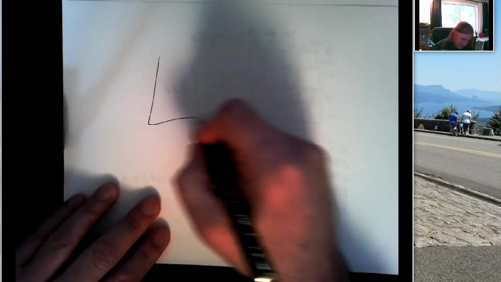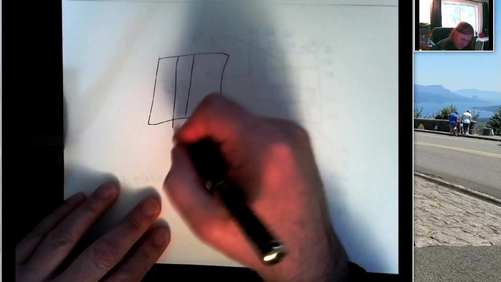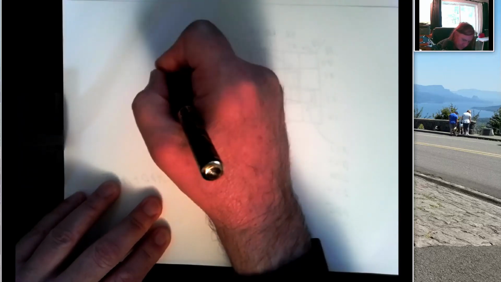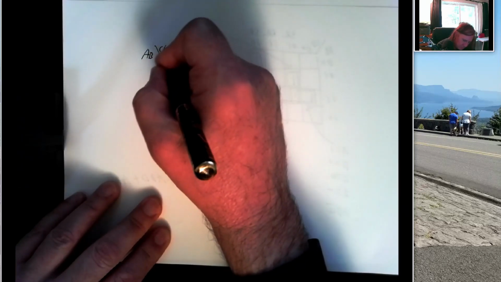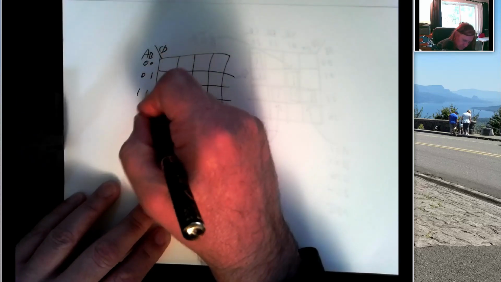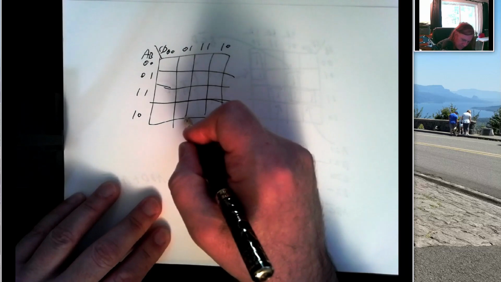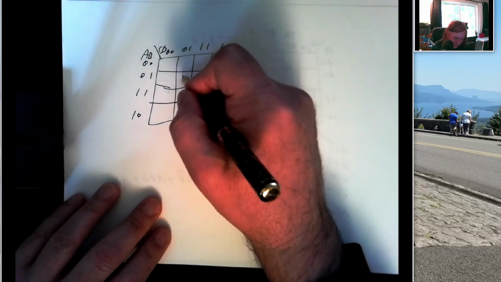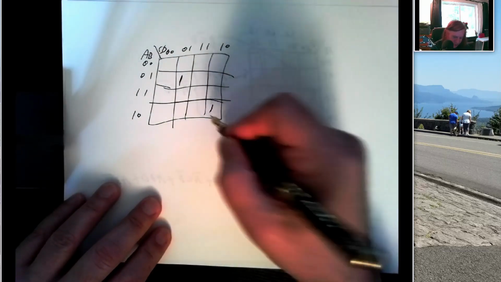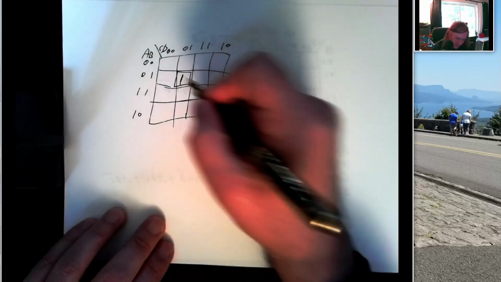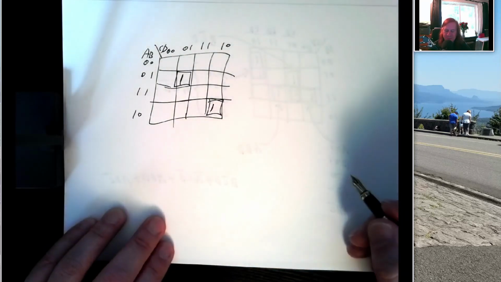Now, if we make our K-map, and suppose we have a 1 sitting here and a 1 sitting here. The only way we can cover this is with these 1 by 1 rectangles.